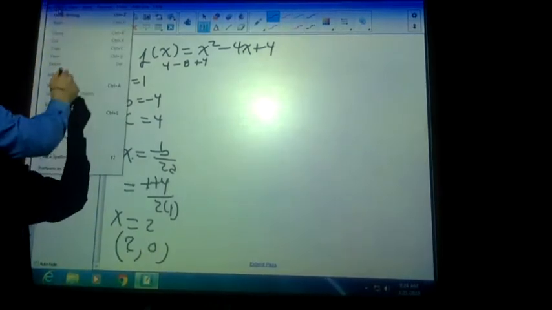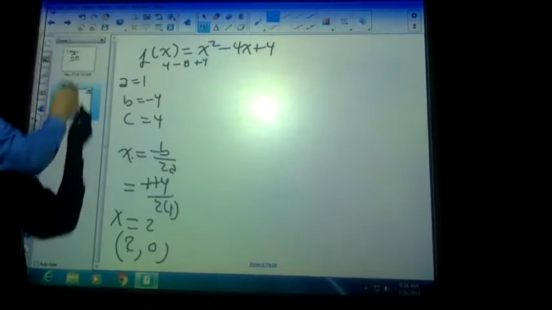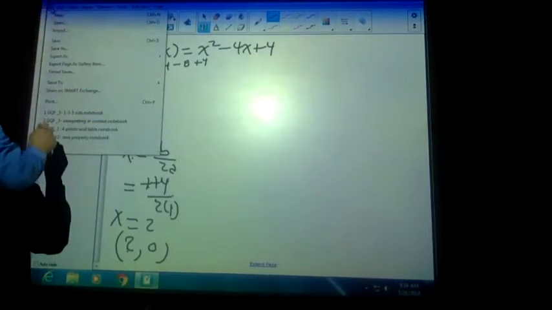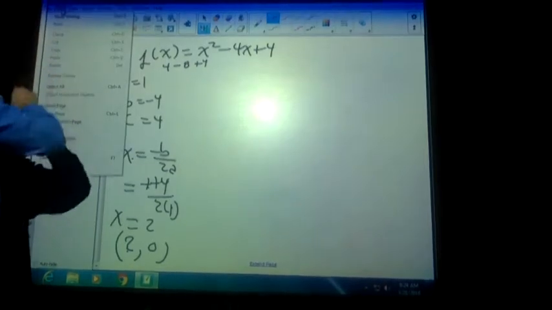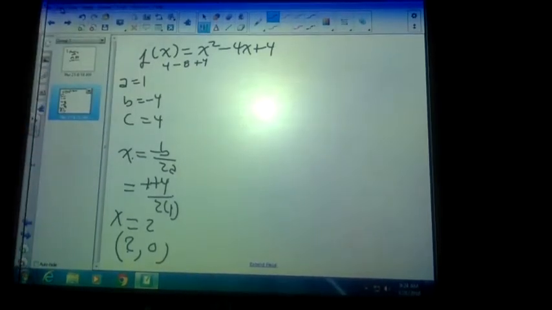Let's save my things. Paste that. There. Let's pull up that XY axis too.